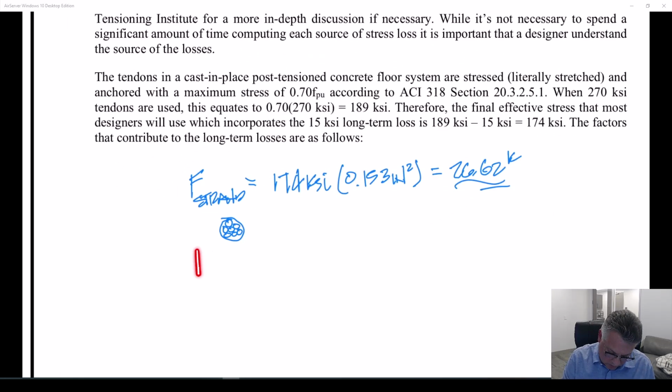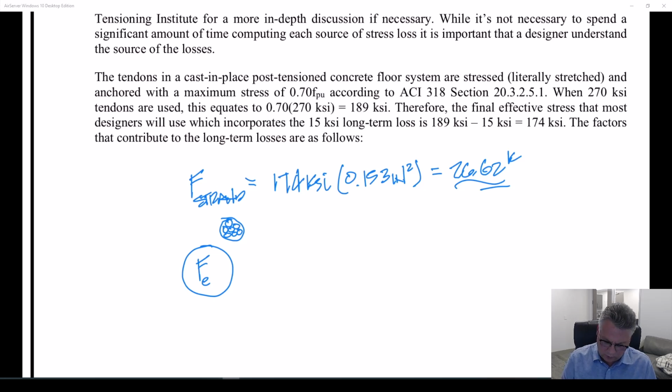By the way, and this confuses people, I will sometimes write F sub E. That's just kind of known in the industry. The little sub E means effective force. So there could be an original force, there could be a force after losses. Force after losses is considered by most of us the effective force in the strand.